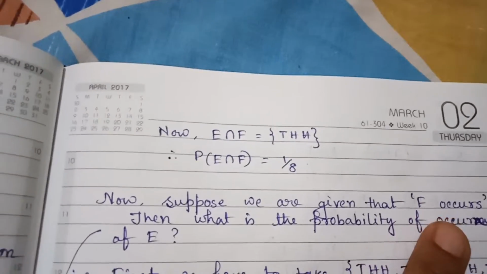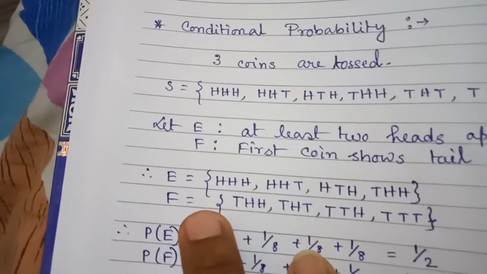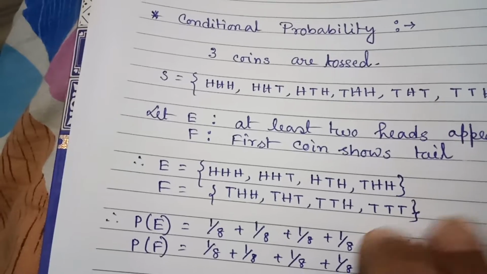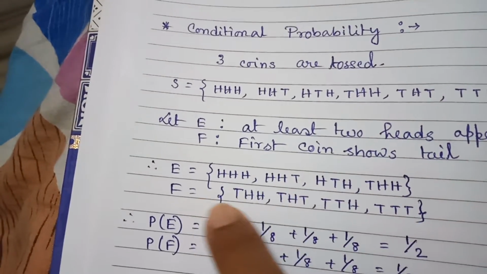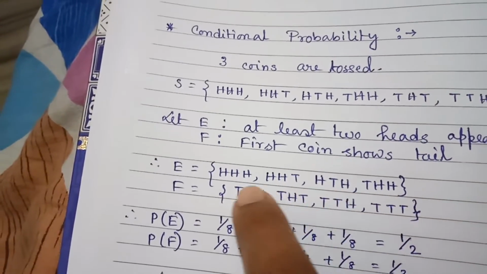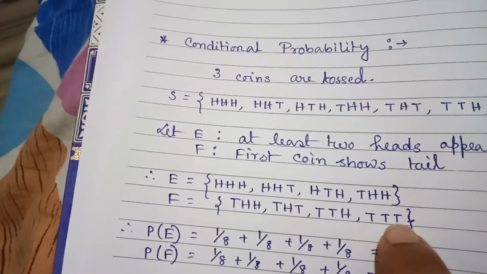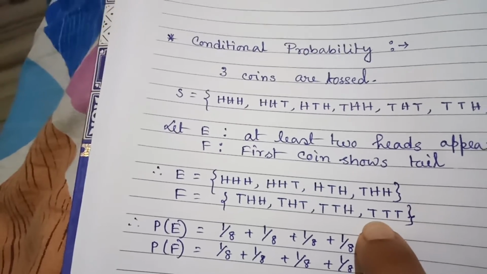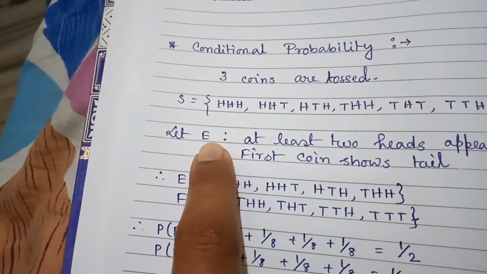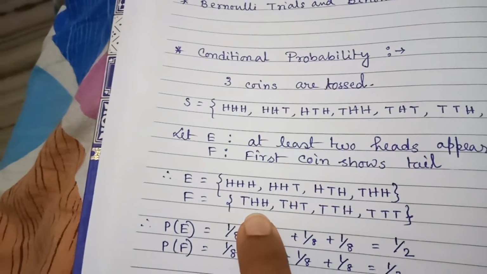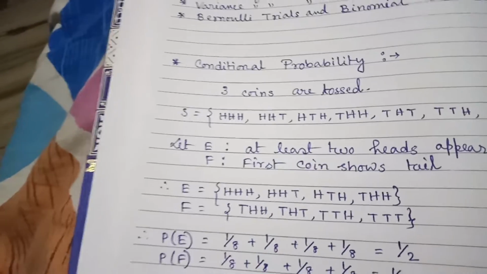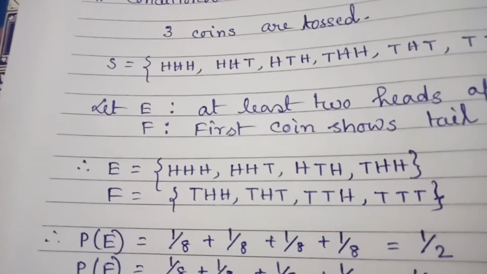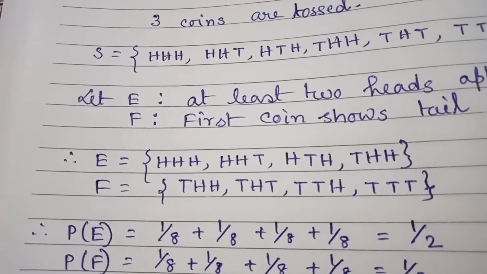F occurs means we have got THH, THT, TTH, TTT. Now, after F, we will be thinking inside F, which sample point satisfies the condition or description of E. I am repeating it again. As F has occurred first, we will first look at F's set.